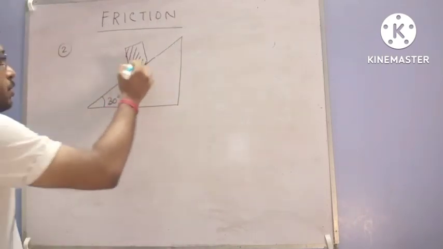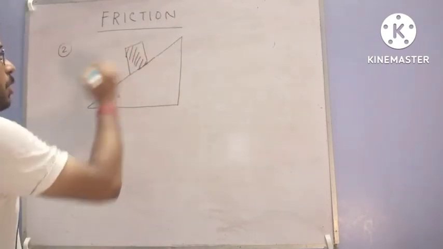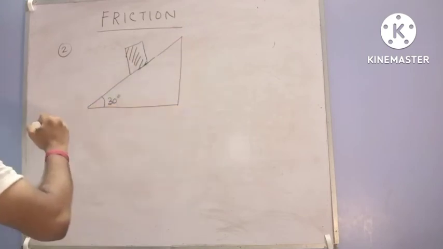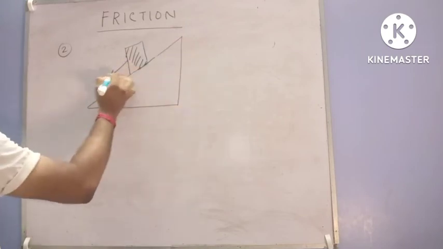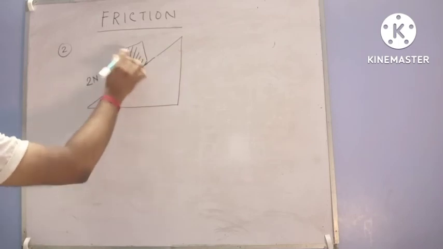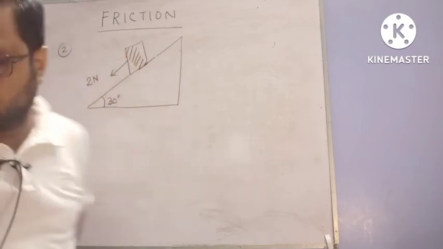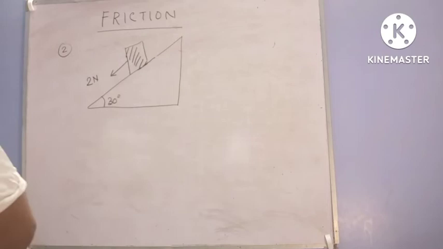Now it is given that to move this block down the inclined plane, a 2 Newton downward force is required. The maximum external force up the inclined plane for which it does not move is 10 Newton.